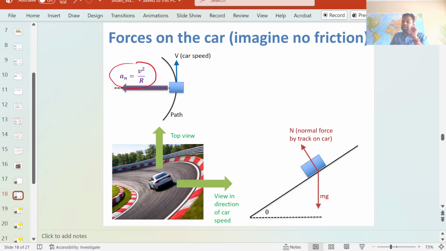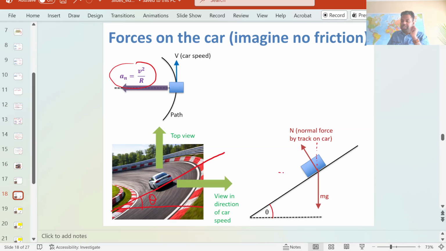So this is the view along this incline, right? This is theta. So here we see theta. So the gravity is applying the weight force downward, vertically down, and the track, the road, is applying a normal force on the car like this, right? So let us do some math.